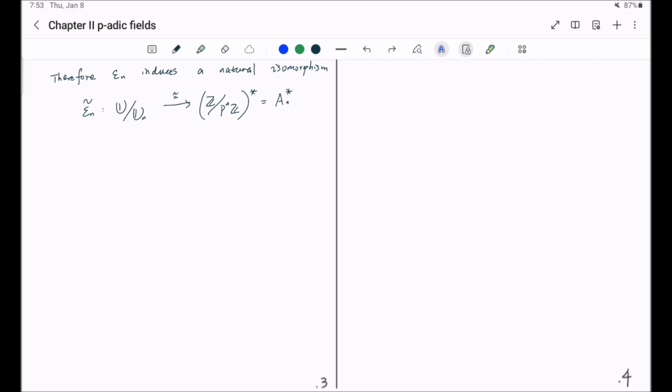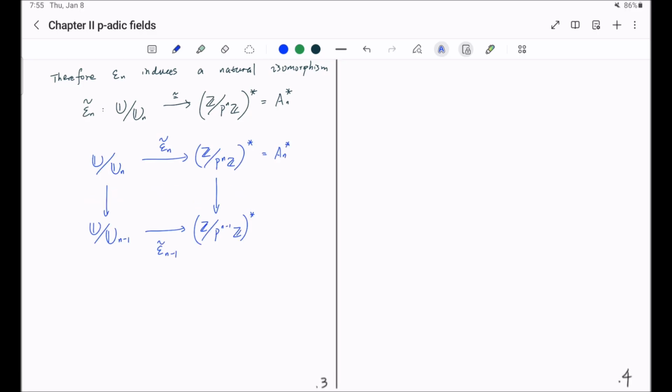What do we mean by natural here? We mean the following diagram is commutative, and those vertical maps are the canonical transition maps. This diagram is commutative.